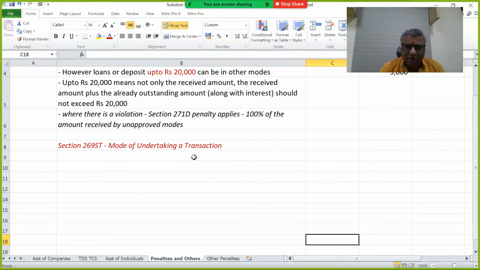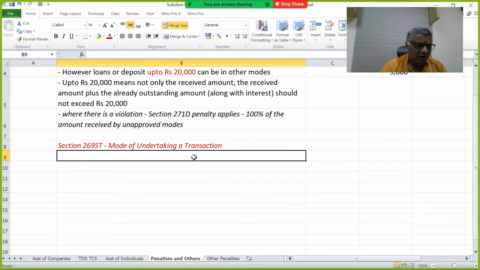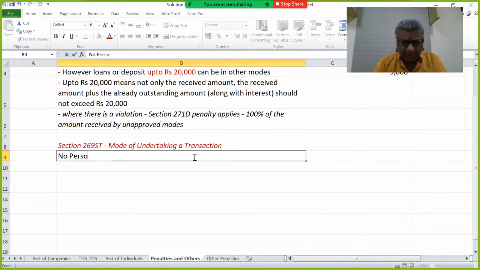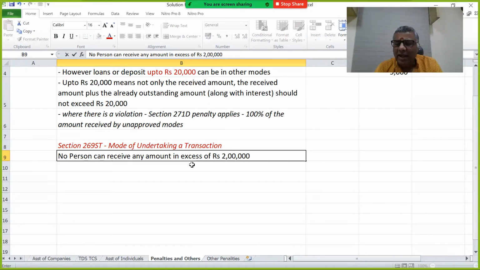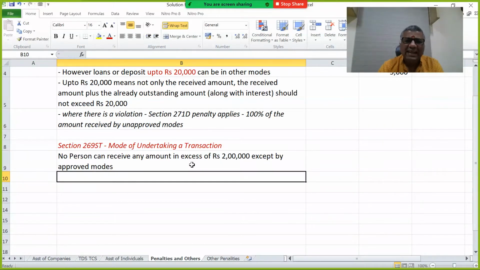No person can receive any amount in excess of rupees 2 lakhs, except by approved modes, for any transaction.